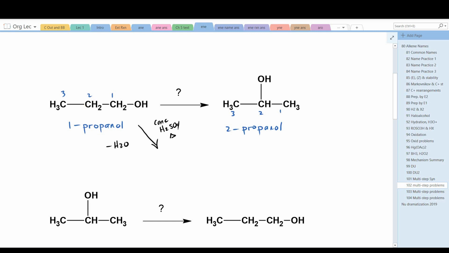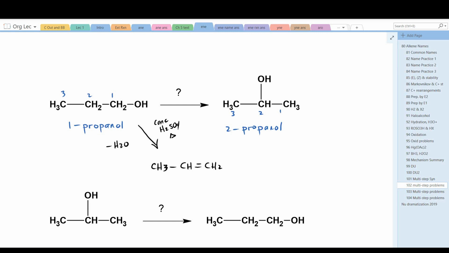And then a hydrogen ion is removed by a water molecule from one of the adjacent carbons, either end. In either case, a single product will be formed because this molecule has a simple structure. We'll form propene.